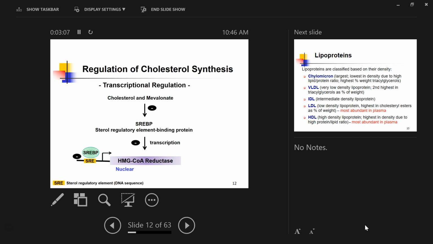This transcription factor basically directly controls the transcription or expression of HMG-CoA reductase, and cholesterol or mevalonate inhibits this transcription factor activity, so then inhibits the transcription of HMG-CoA reductase, right? So this is pretty much all the important information that you need to know for cholesterol synthesis.